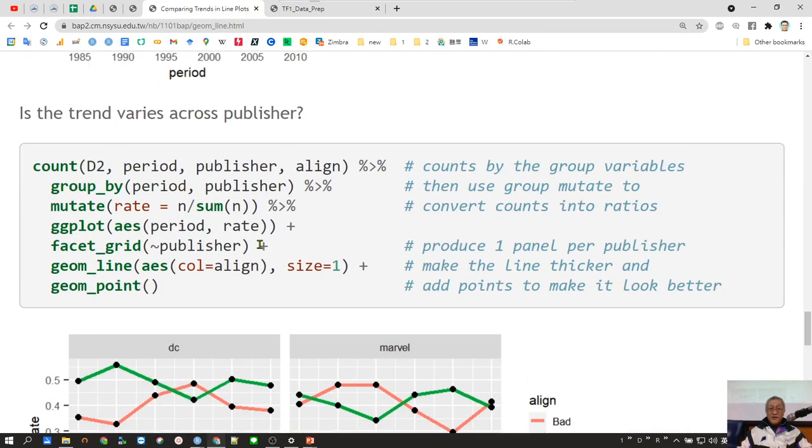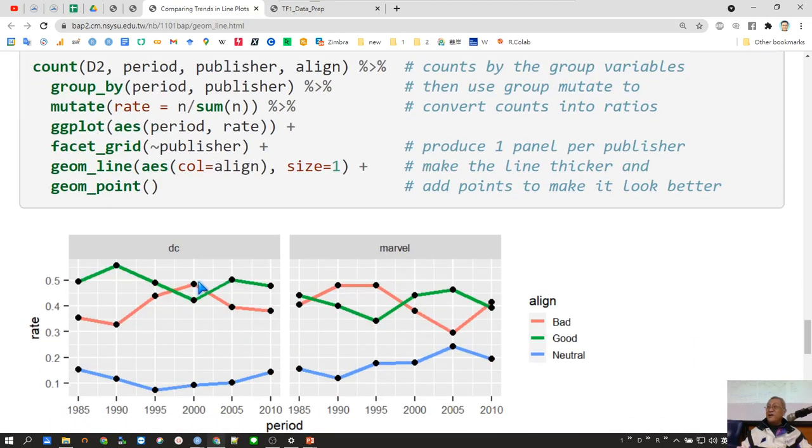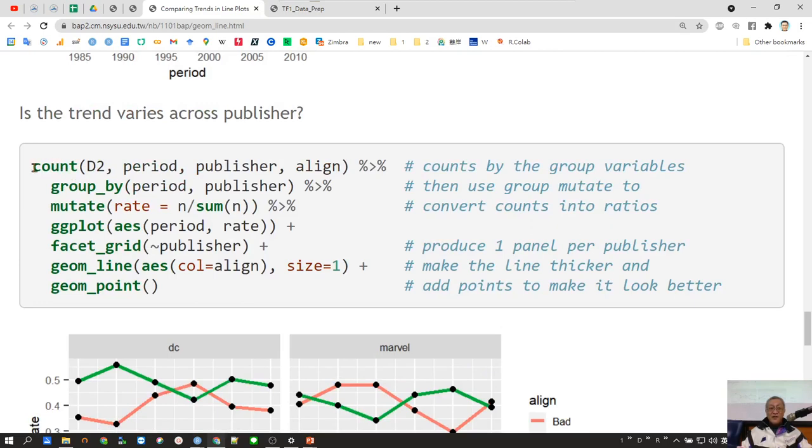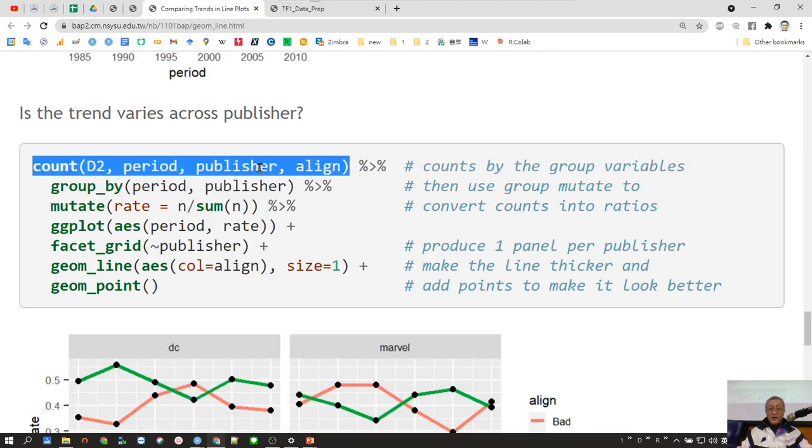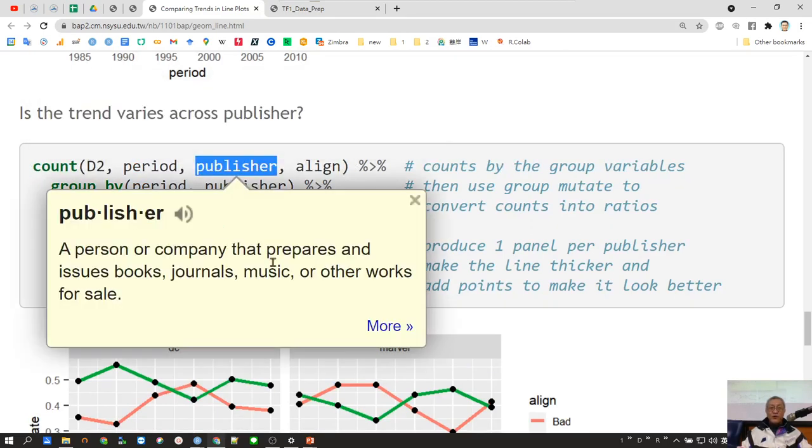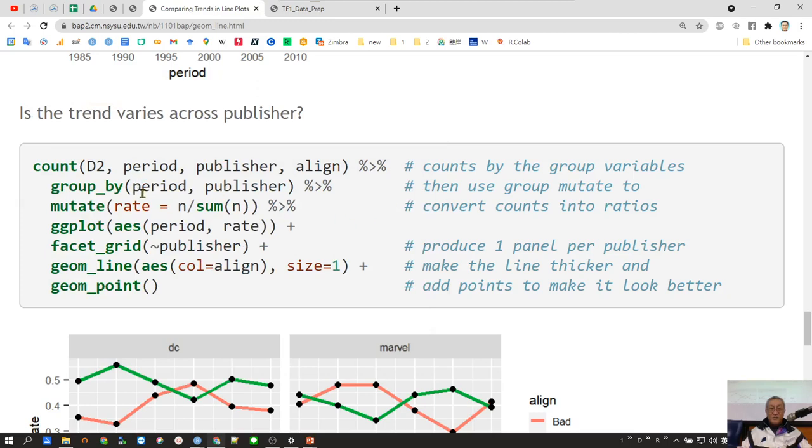So I think I don't need to go through the code. It's very straightforward, right? Okay. Now instead of just adding one variable here, I actually need to group by it, right? I need to group by these two things to do the ratio, right?